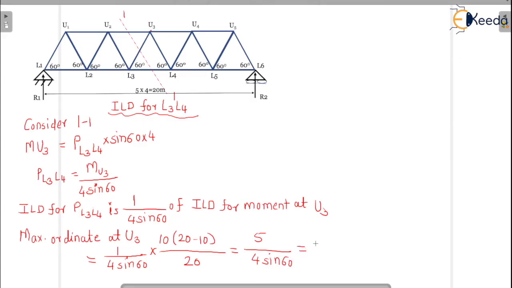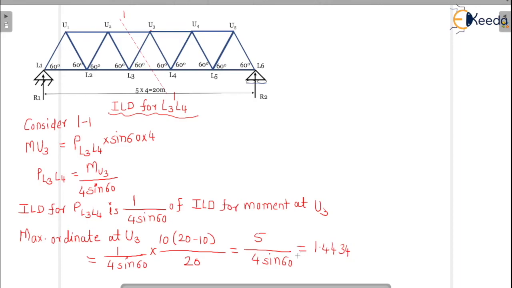So it will give us 1.4434. So here we are getting the maximum ordinate for U3 as 1.4434.